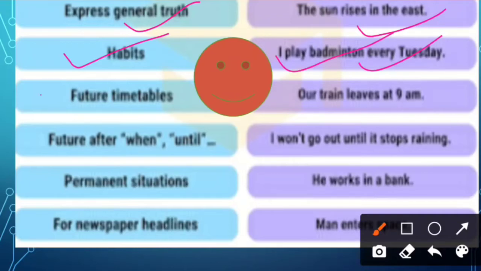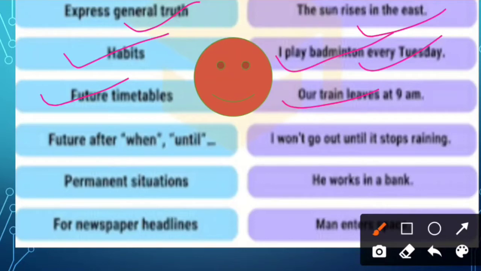Even regarding the future timetable, our train leaves at 9 a.m., our train comes at 5 o'clock. Such type of sentences we can use for the future timetable.